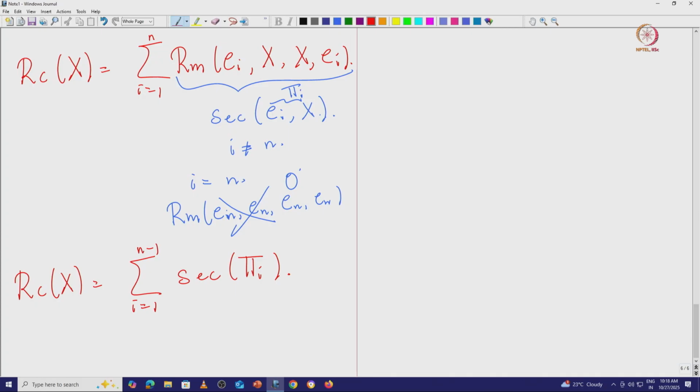All right, so the next thing I want to do is take a further trace and define the scalar curvature.